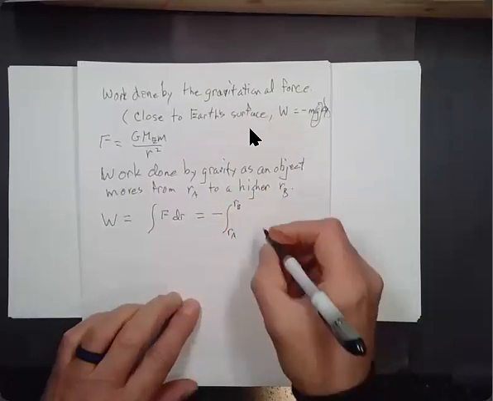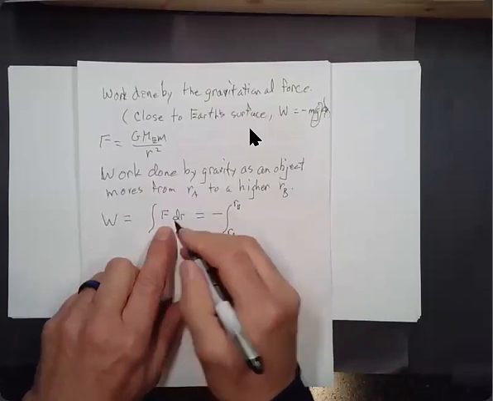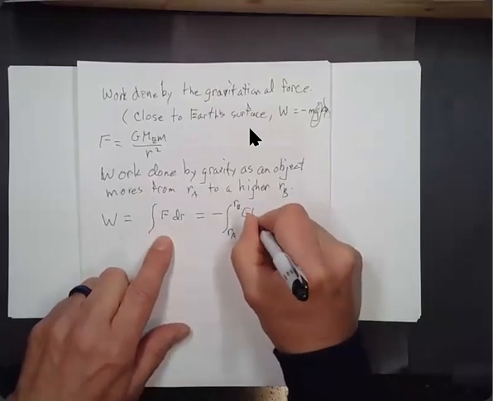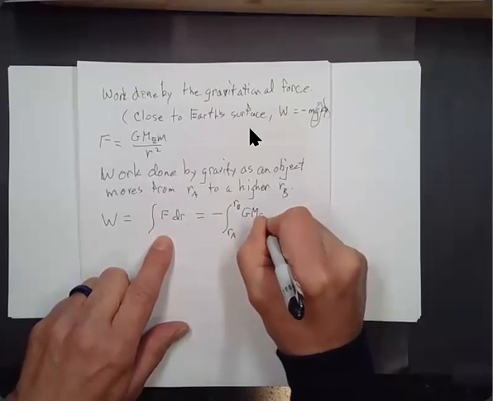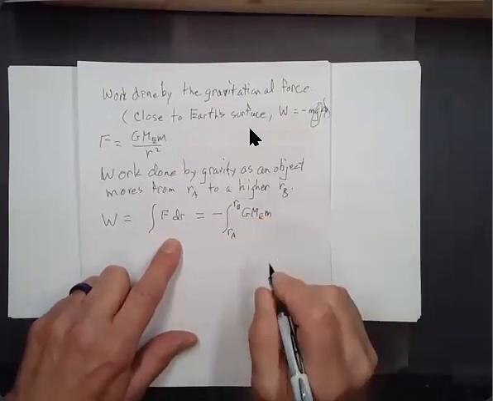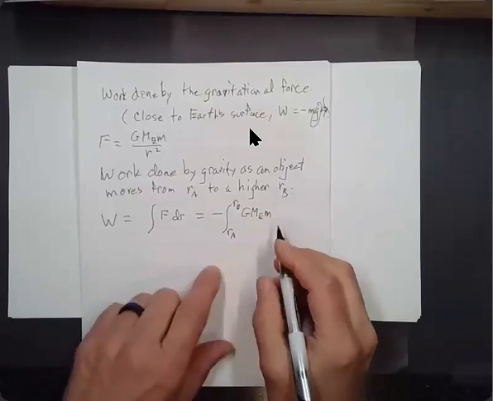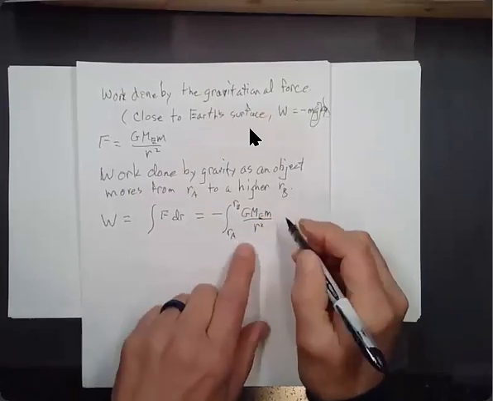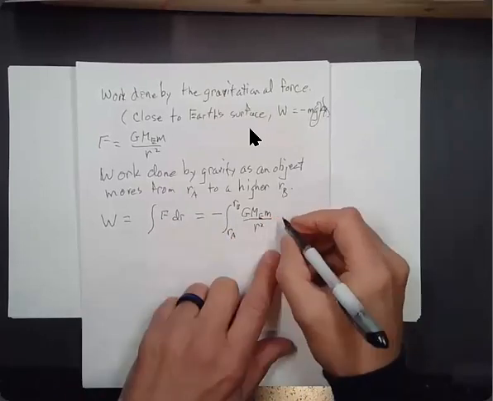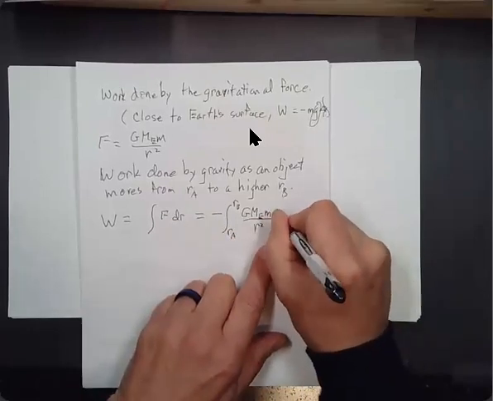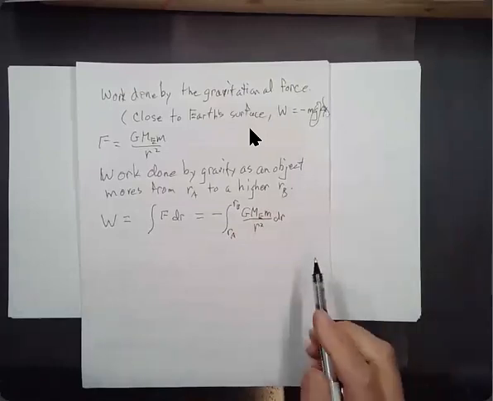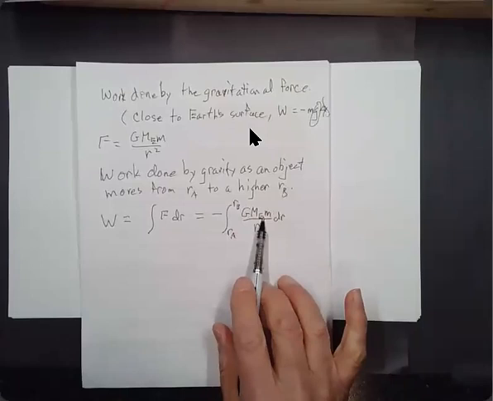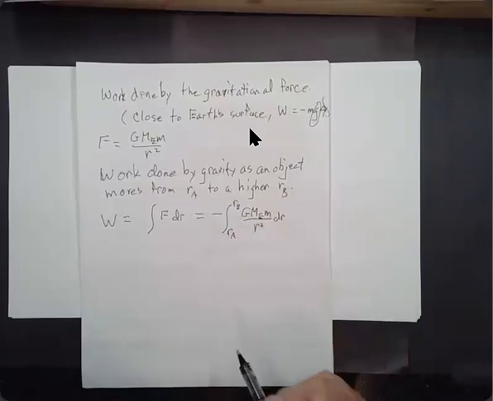This is the ending point of the force, the magnitude of the force now, which is going to be G times the mass of the Earth times the mass of the thing that we're moving up there, divided by R squared. There's the force. And then we just have the dr tagged on there. Well, as you've learned in calculus, if you've got a constant, it can come outside of the integral.